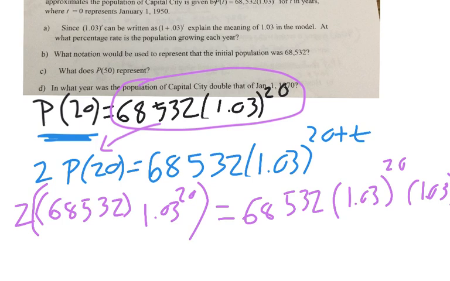And then here I use my exponent rules. If I have 1.03 to the 20th plus t, I can rewrite that as 1.03 to the 20th times 1.03 to the t. Because what do I do when I multiply powers with the same bases? You add the exponents. So I'm going the other direction. Now, why would I want to do it this way? Because if I'm trying to isolate t, now I have a single variable.